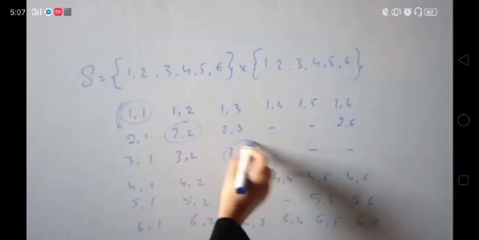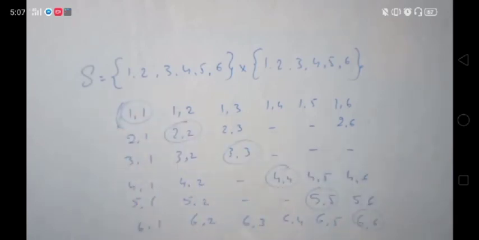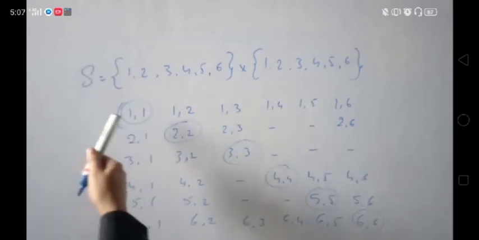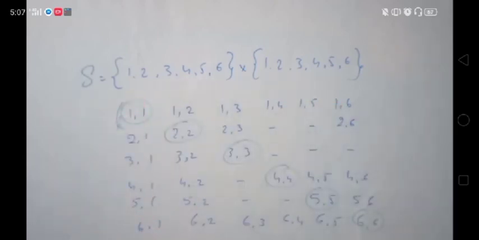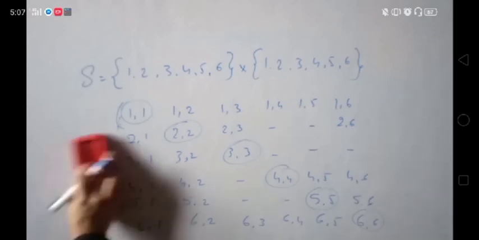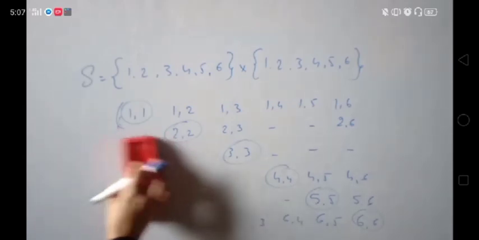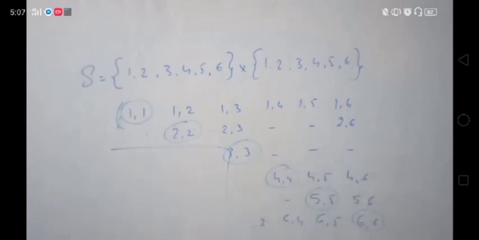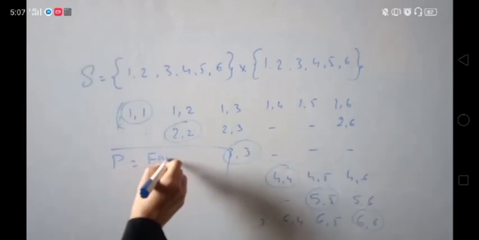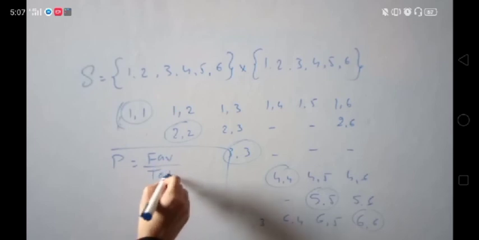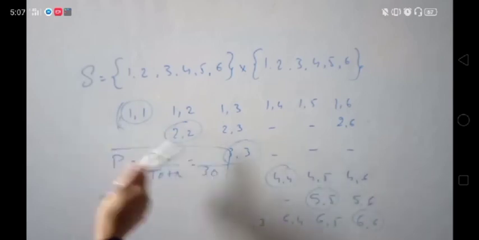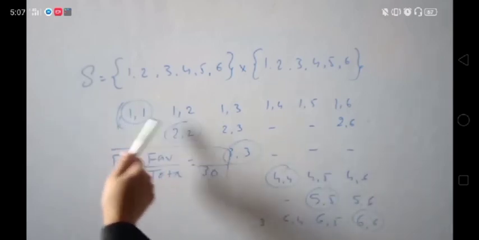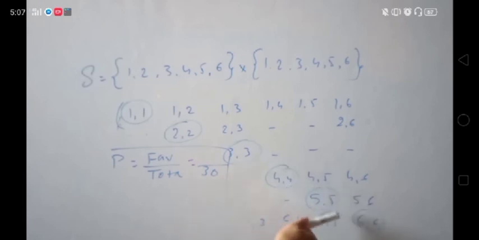A doublet means 1 1, 2 2, 3 3, 4 4, 5 5, 6 6. We have to find how many times doublets come. Here there are 6 columns and 6 rows, therefore the total is 36. The probability is favorable over total outcomes. The favorable outcomes are the doublets: 1 2 3 4 5 6, so 6 doublets.